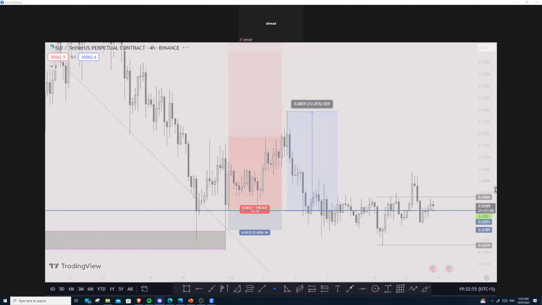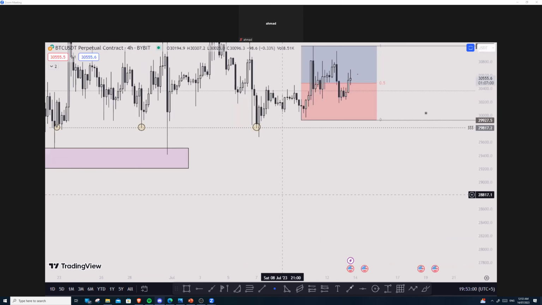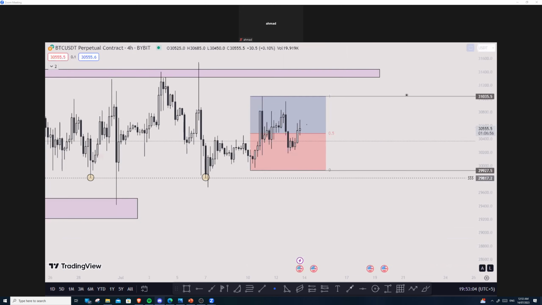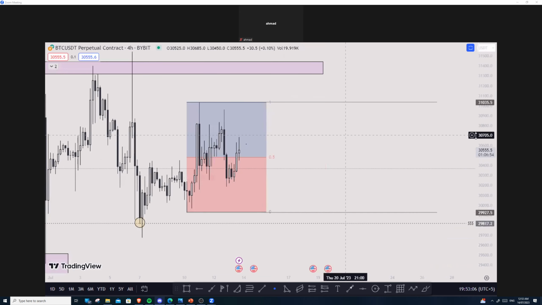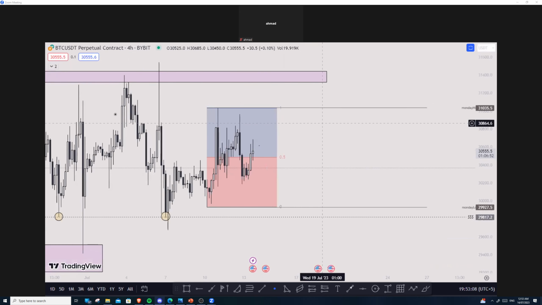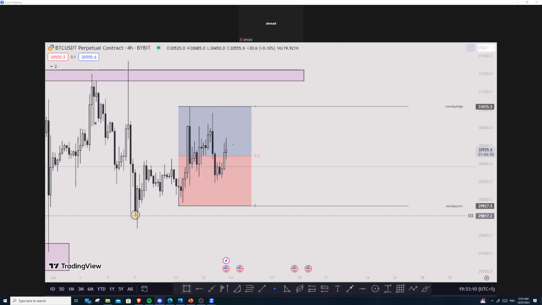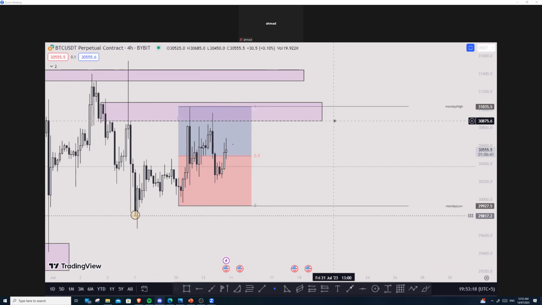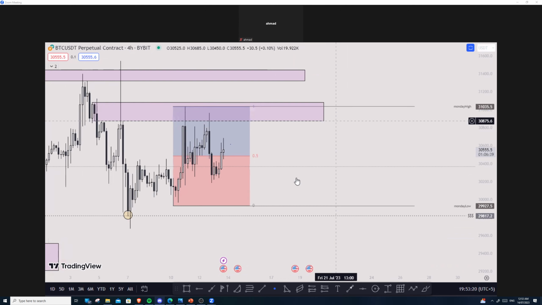Let's suppose you come back onto the BTC chart over here. The level I would be seeing for a rejection here is this order block. So this is the bearish order block that we are looking for a rejection from, the 38.75 area.